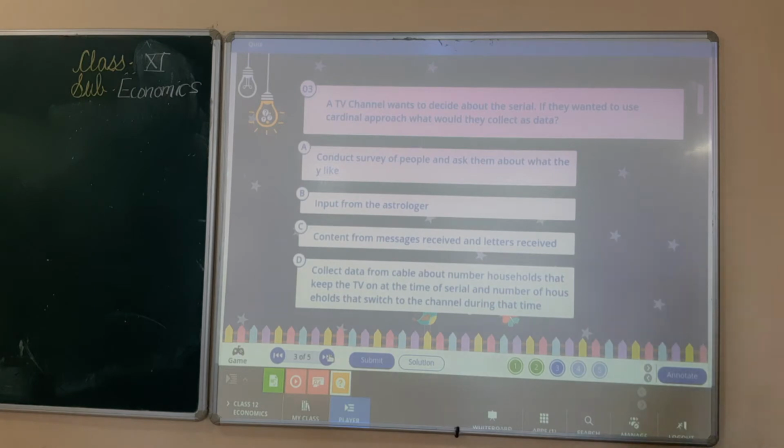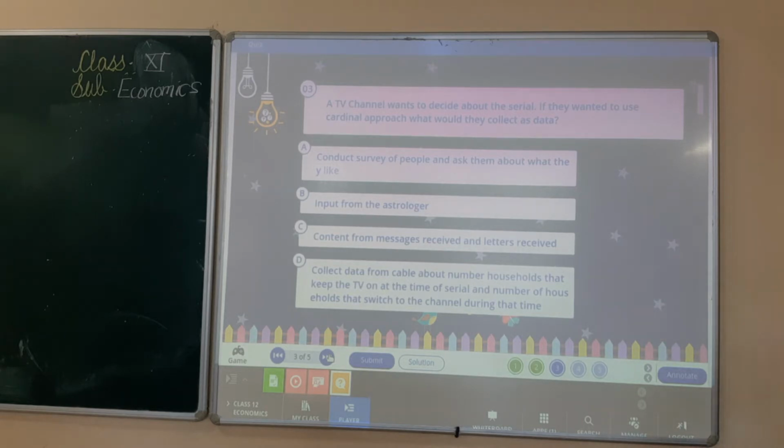Now it is saying a TV channel wants to decide about the serial. If they wanted to use a cardinal approach, what would they collect as data? So four options are there. The first one is conduct a survey of people and ask them what they like.